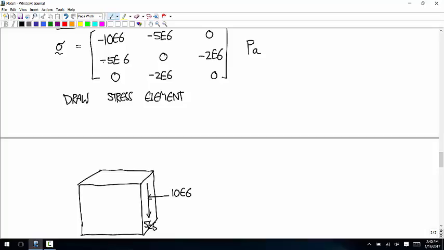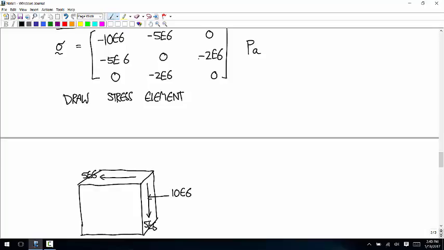And now we'll go to the y face. On the y face, in the x direction, we have negative 5 times 10 to the 6th. So that means we have 5 times 10 to the 6 in the negative x direction. We have nothing in the y direction.